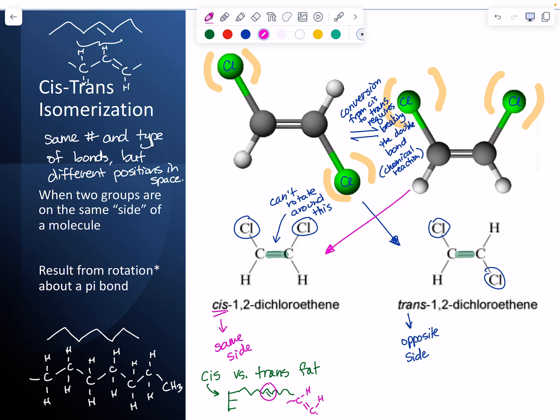So when we have a cis double bond, the hydrogens are on the same side, and they bump up against one another, and it causes the chain to bend.